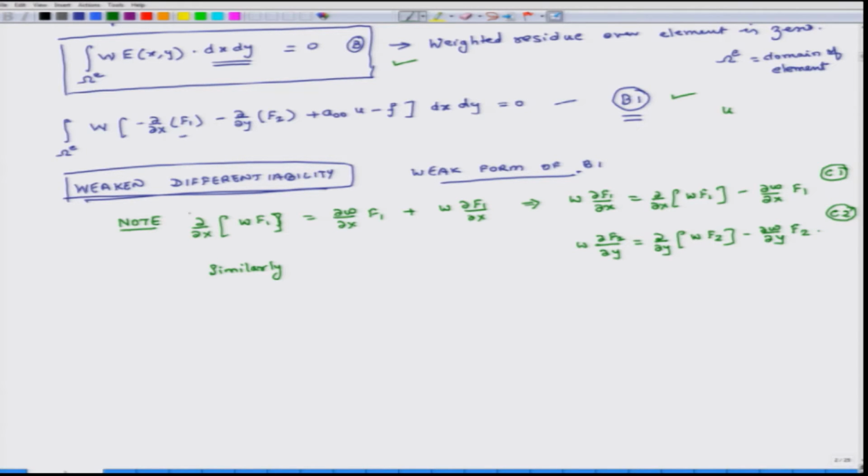We get equations C1 and C2 by the rule of differentiation of two functions multiplied to each other, that is, differentiation by parts. Also recall the component form of the divergence theorem.